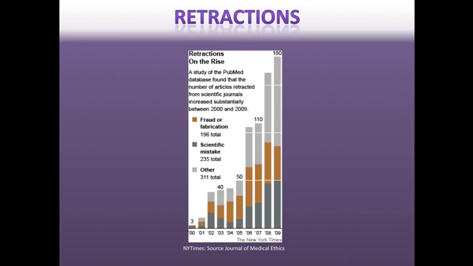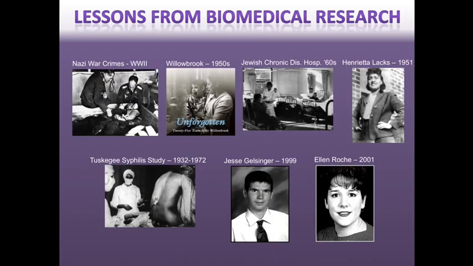I think that this trajectory also has a lot to do with the fact that, with the internet and a range of different tools, we have a much better chance of catching data that was inaccurate. But there are other reasons that you sometimes retract papers, like scientific mistakes, etc. But we do see this increase in the number of papers retracted for fraud and fabrication. So again, this is a major issue for science that we have to keep track of.